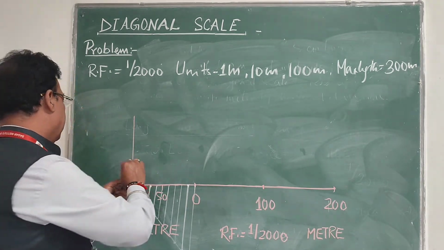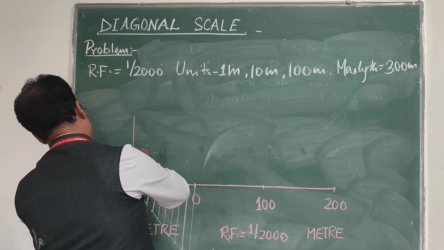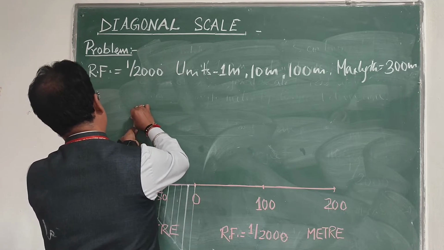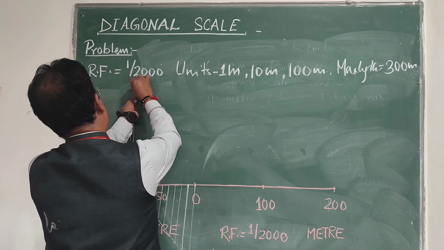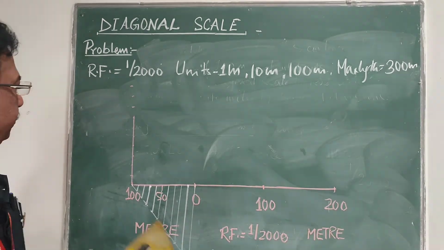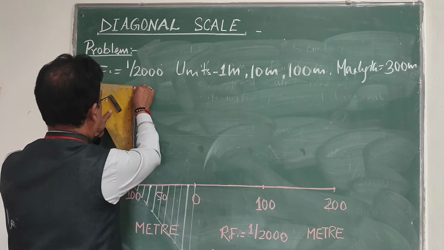So in a divider, pick 5 mm distance and mark 1, 2, 3, 4, 5, 6, 7, 8, 9 and 10. So go up to 10 markings on this line.